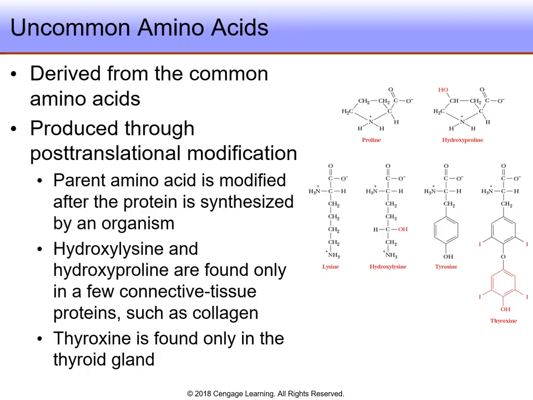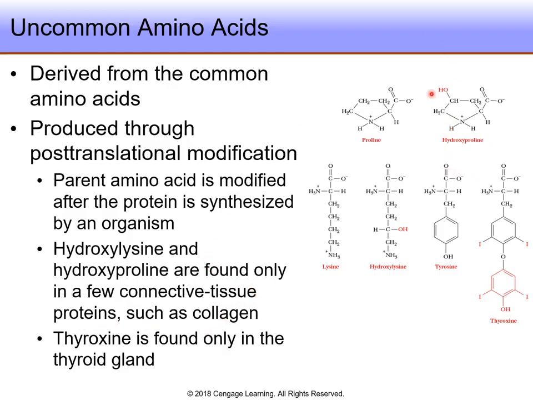So in addition to the common amino acids, we have the so-called uncommon amino acids. These are derived from the common amino acids, produced through post-translational modification, when the parent amino acid is modified after the protein is synthesized by an organism. Now we have three examples. We have hydroxylysine and hydroxyproline. These are found only in a few connective tissue proteins such as collagen.